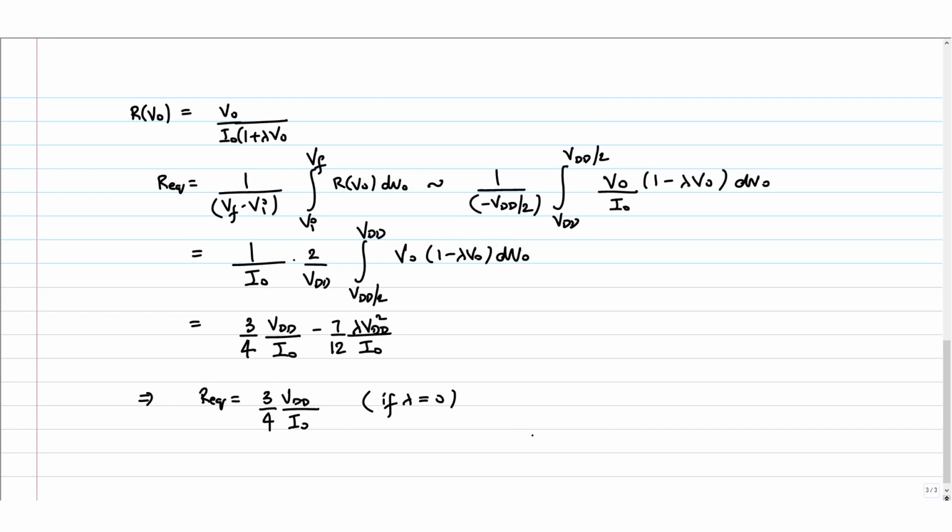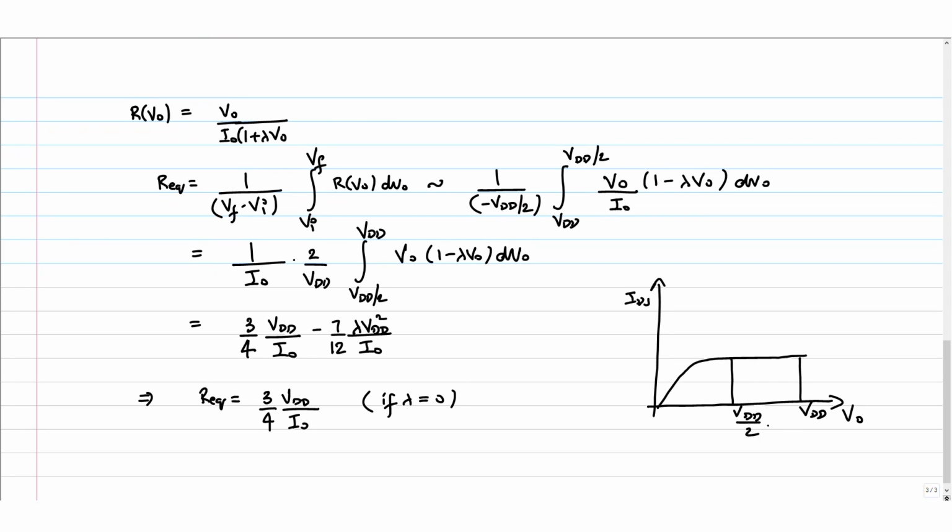Why is it a constant current source? Because there is no dependence on V0. Now if lambda equals 0, the current basically just becomes a flat line in the plot of IDS versus V0, and this is my region of operation from VDD to VDD by 2.